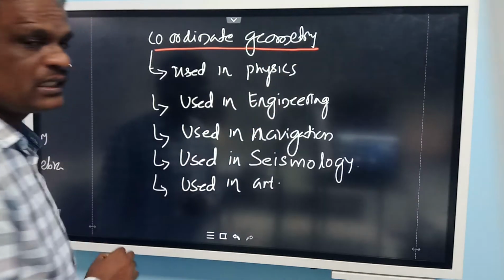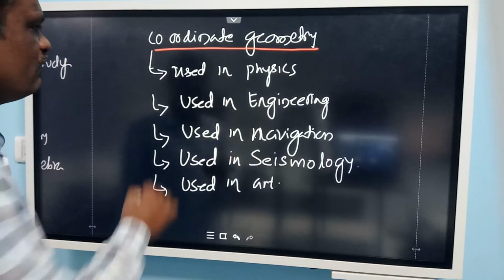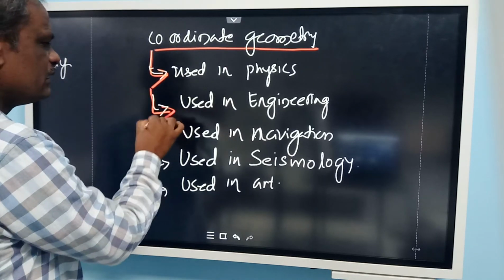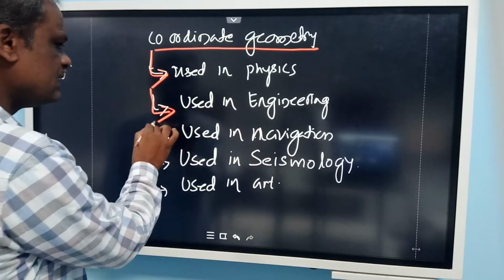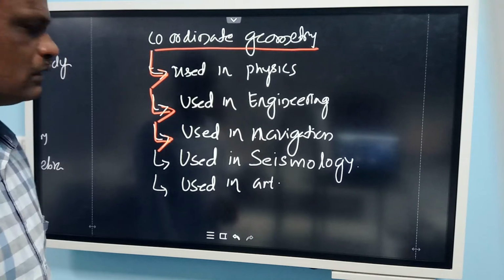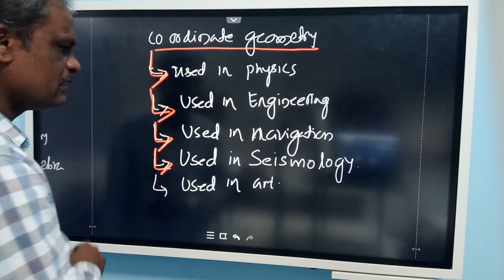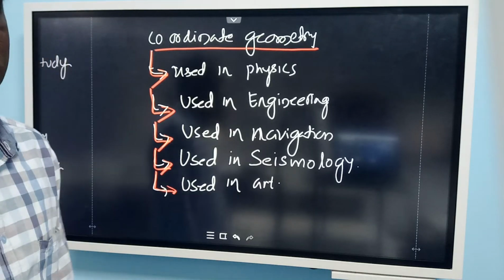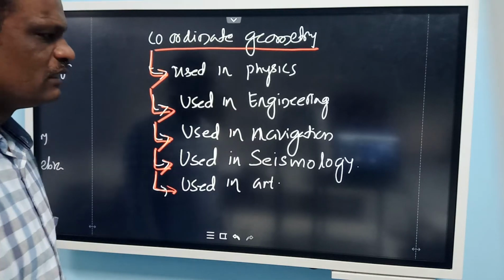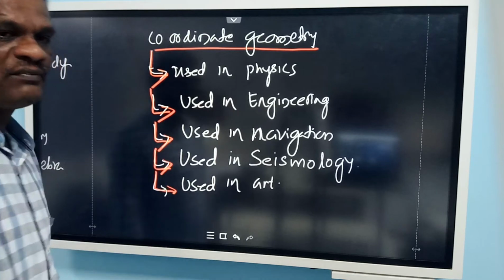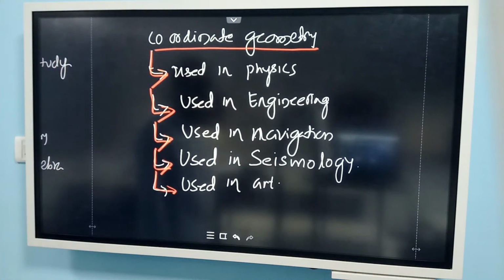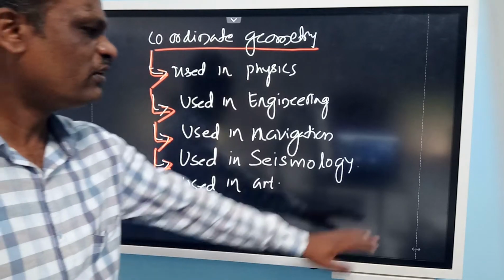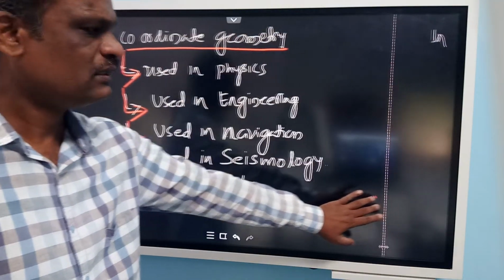We use it in different fields in our daily life: in physics, in engineering, in navigation, in seismology, and in art also, to draw diagrams and pictures. We have many areas, but some examples are mentioned here. It has wide applications in our daily life.